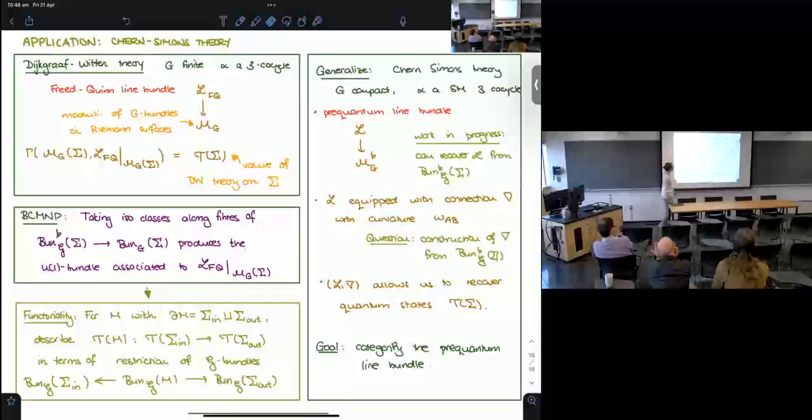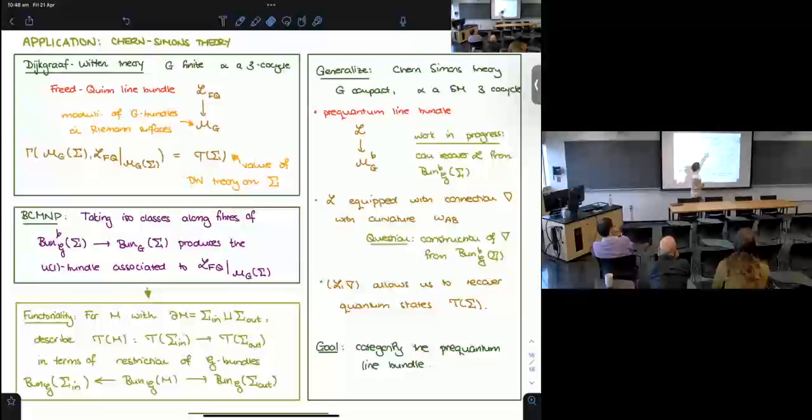Okay, so here is roughly the story for general G compact and alpha a Segal-Mitchison 3-cocycle. First of all, the data of a Segal-Mitchison 3-cocycle is more complicated than just a map from G cross G into A. And there's no Freed-Quinn line bundle. The best we can do is something called the pre-quantum line bundle, which again lives over the moduli space of flat bundles.